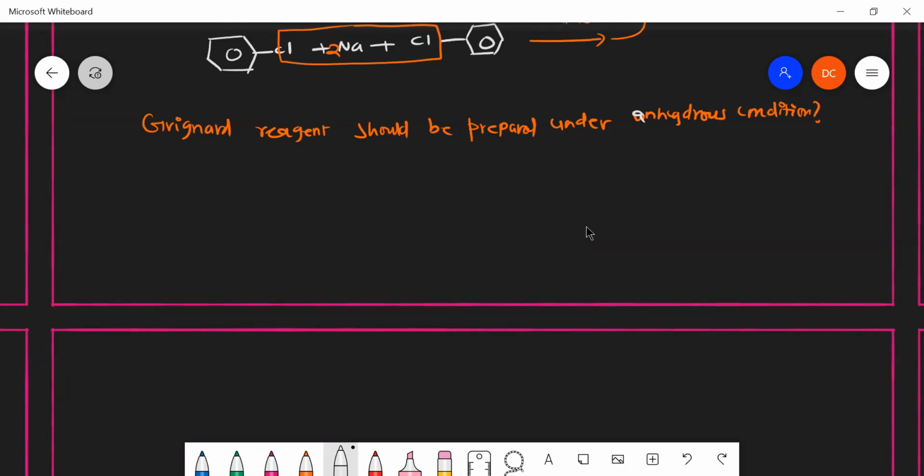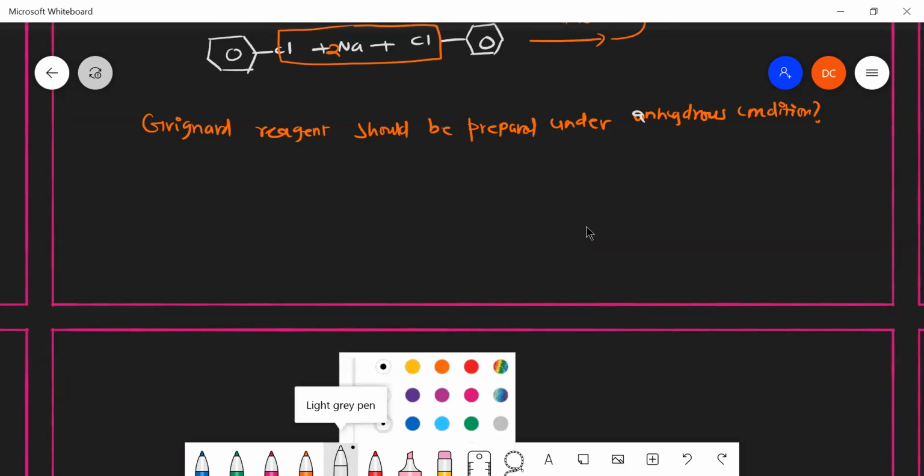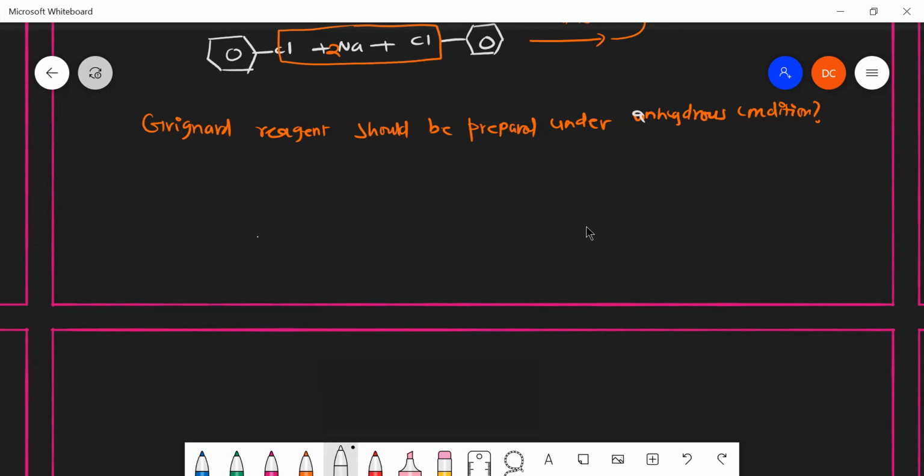If it reacts with moisture, what will happen? Take CH3CH2MgBr. We know that RMgX is a Grignard reagent. If it reacts in the presence of moisture or water, what will happen? Water will have H plus and OH minus.